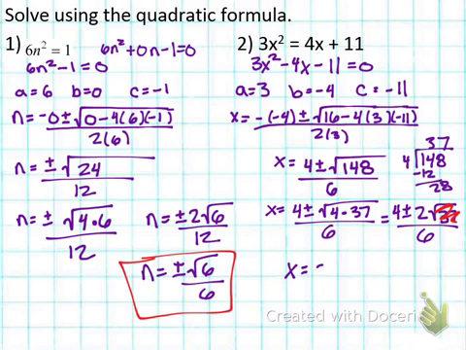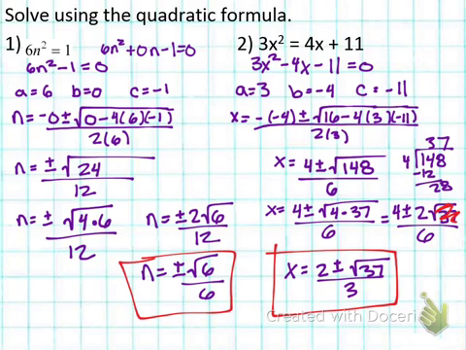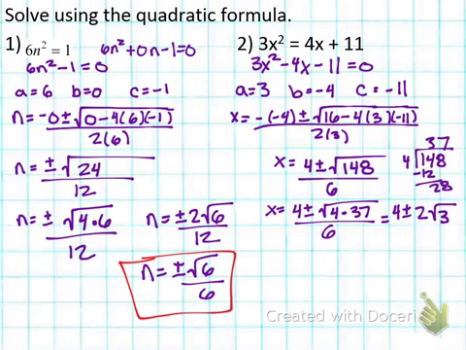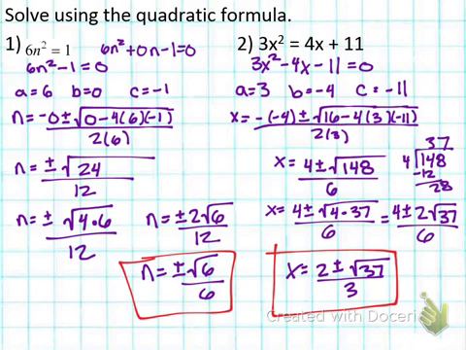Okay, doing that gives me x equals 2 plus or minus the square root of 37 all over 3. Sorry, I wanted to undo my little squiggly over the 37. Okay, so that would be my final answer there.